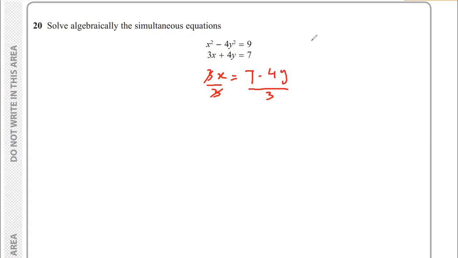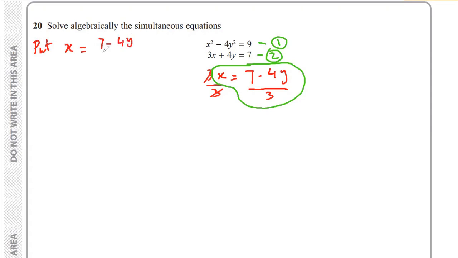Right, so this value here I can substitute into the other equation. Say if we call this equation 1, and if we call this equation 2. So at the moment I can put x equals 7 minus 4y over 3 into equation 1.